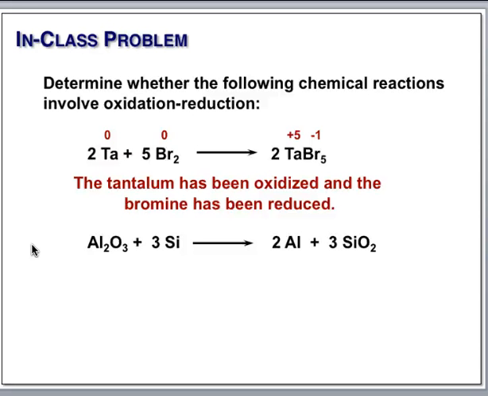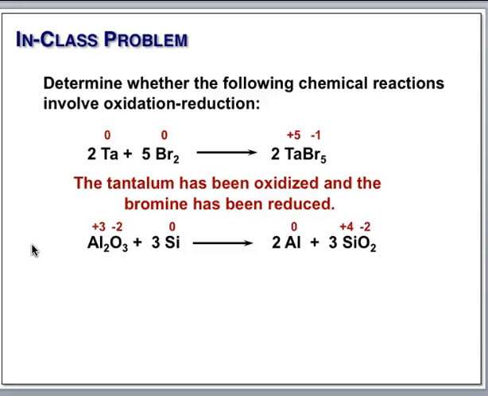Silicon's going to be 0. Aluminum's going to be 0. We know aluminum is +3 here. It's 0 there. If oxygen is -2, silicon must be +4. So, what element was oxidized?